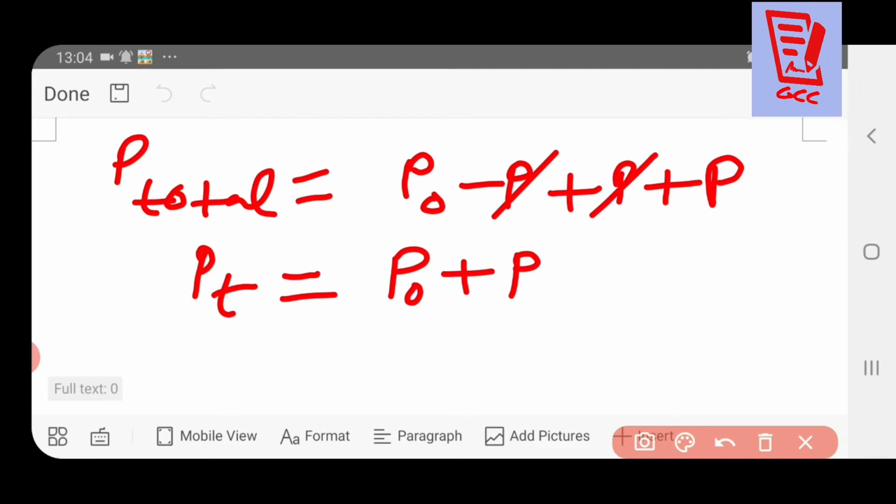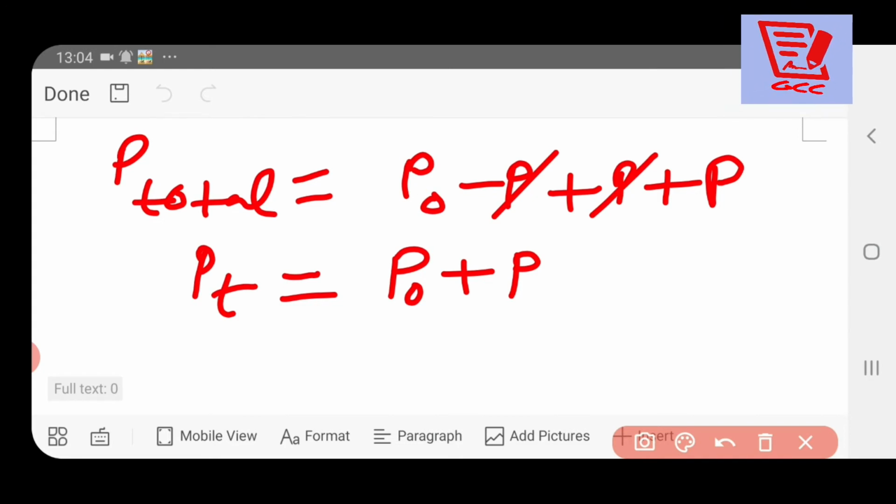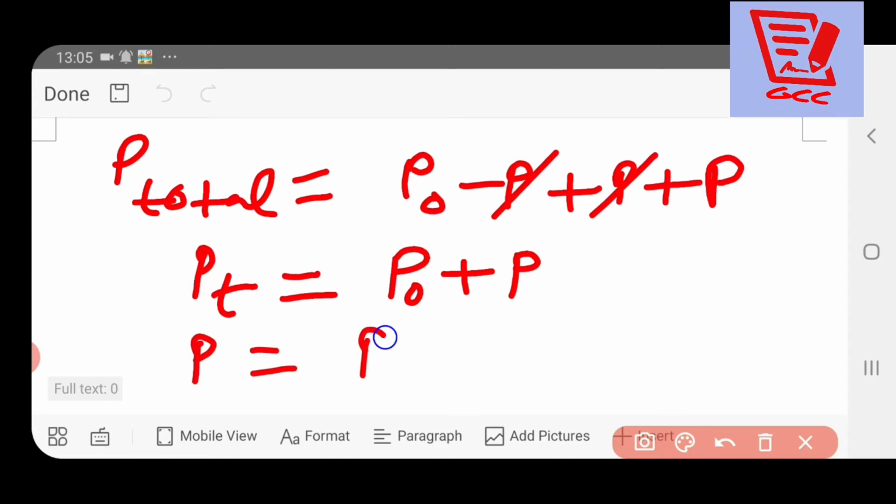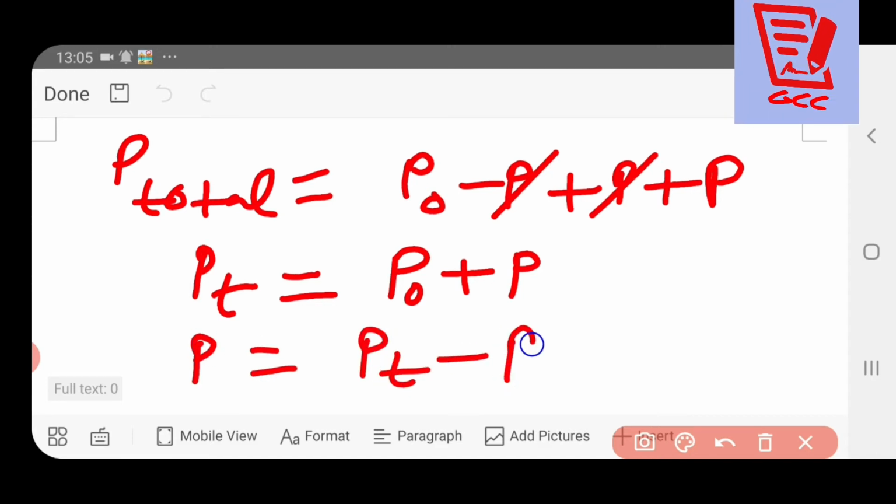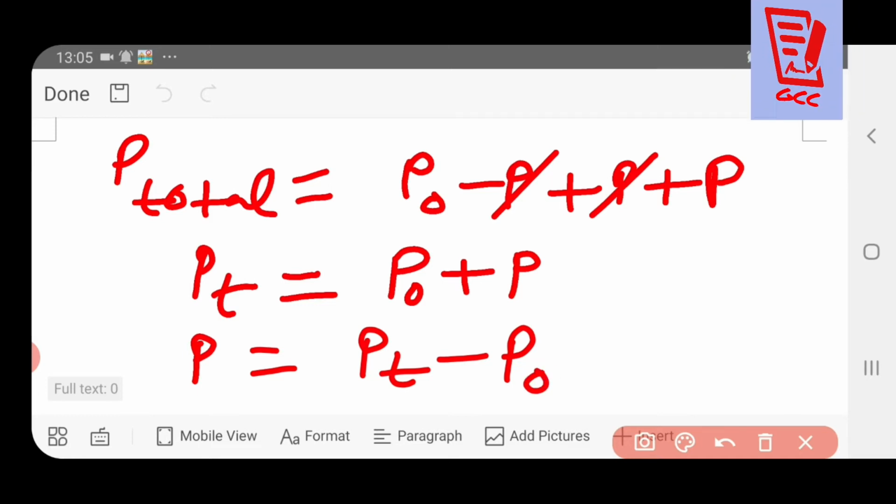Okay, students? Now after that, if we have to find out the value of P, then P will be equal to P total minus P naught. Is that clear? Then after that we have to fill the values over there.